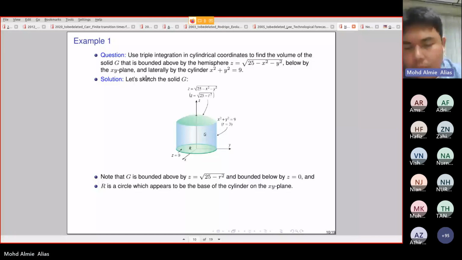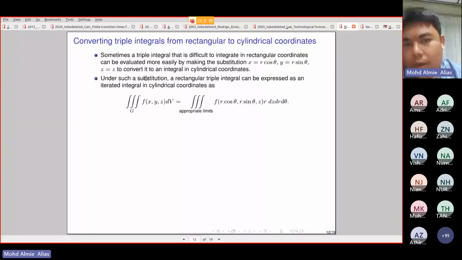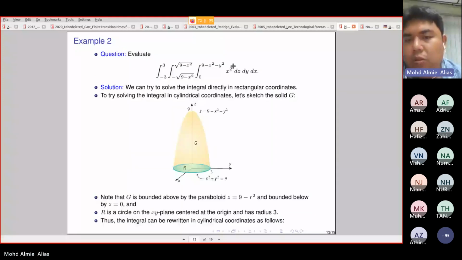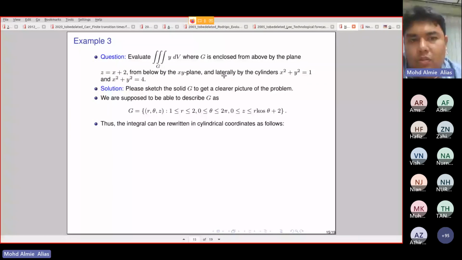For example 2, you are given f, which equals x squared. Example 3 is similar to example 2 in terms of the presence of f.